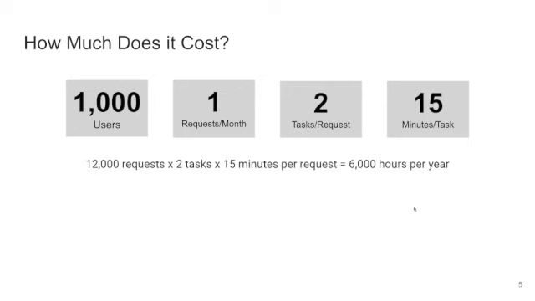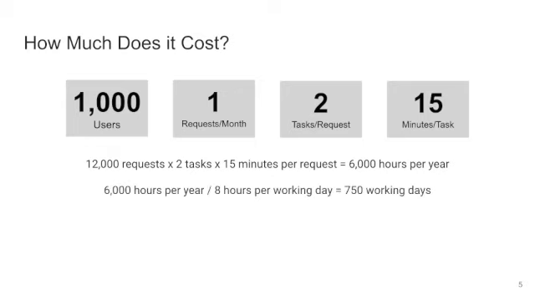So if we take a look at how much time it consumes from the organization, 1,000 users once a month leads to 12,000 requests per year. Each request includes 2 tasks. Every task is 15 minutes. We end up with 6,000 hours of effort per year.